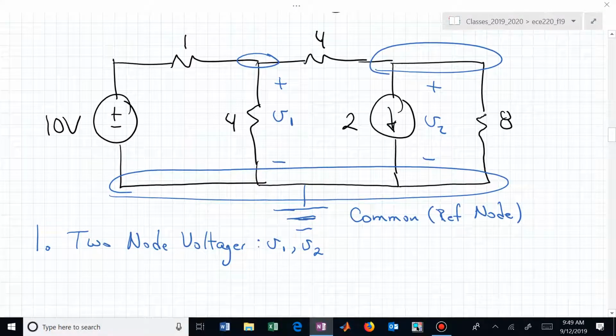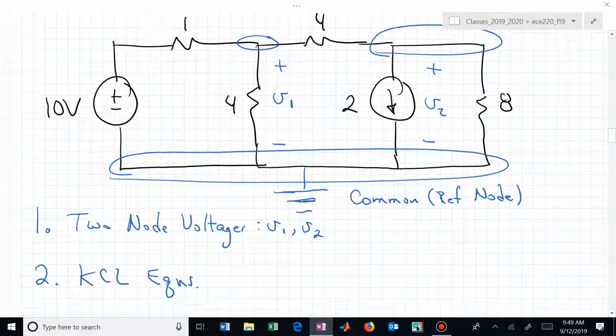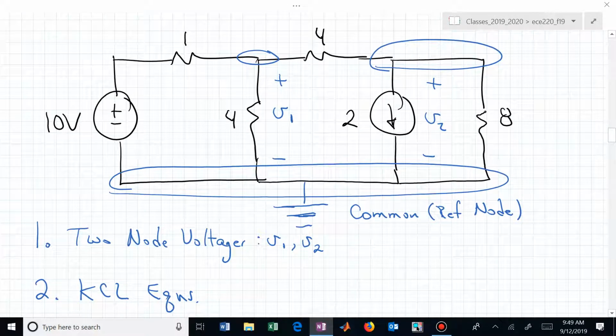Once we've done that, now we can do our analysis. Now we write equations that those V's have to satisfy. And we simply write a KCL equation for each node that's associated with the node voltage, if we can. Here we will be able to. We'll now do step 2, which is to write our equations. And in the node voltage analysis strategy, that is Kirchhoff's current law that we're writing.